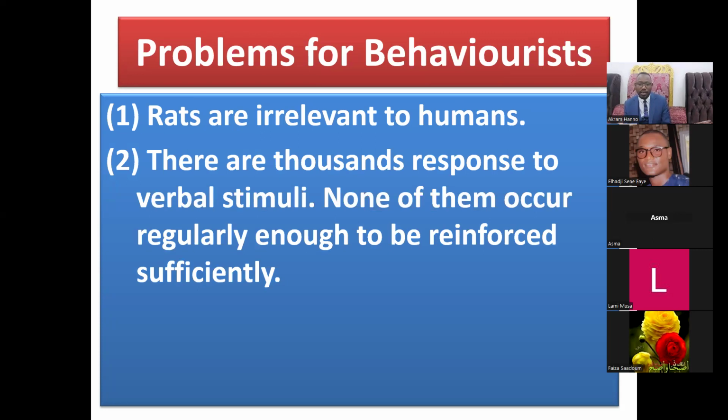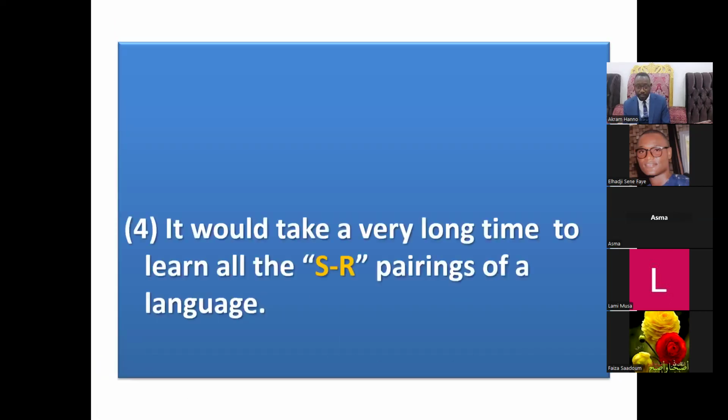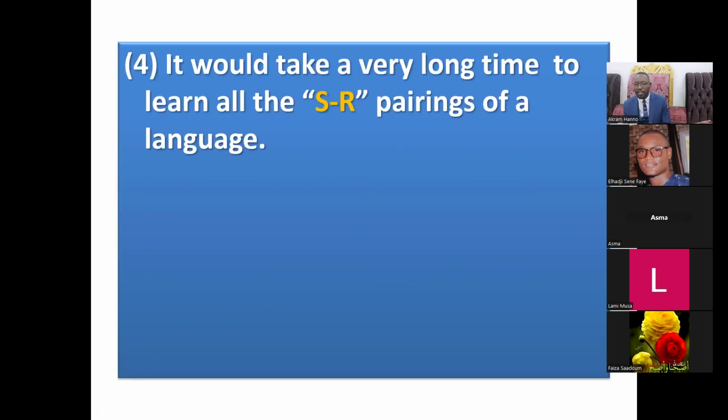For verbal stimuli, none of them appear regularly enough to be reinforced sufficiently. Some responses are appropriate to one situation but inappropriate to another. It would take a very long time to learn all the SR pairings of language.